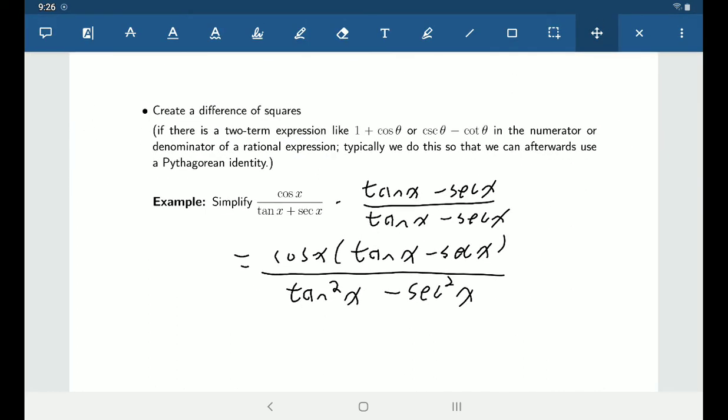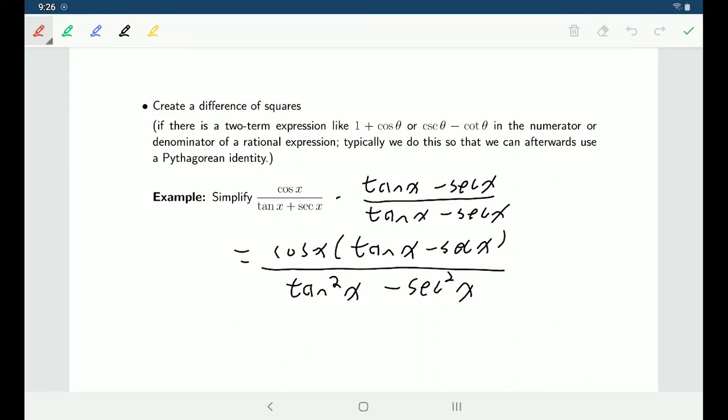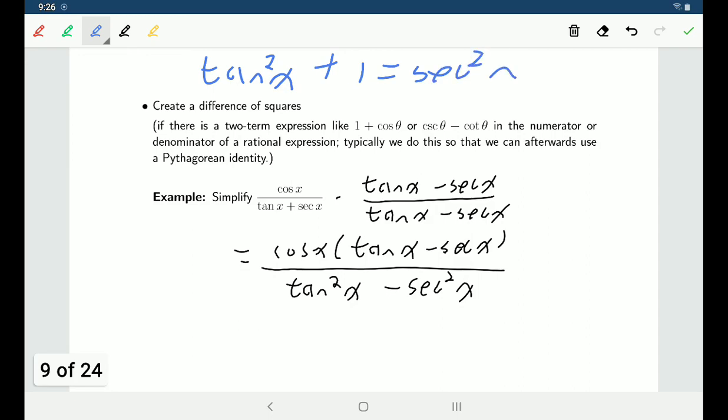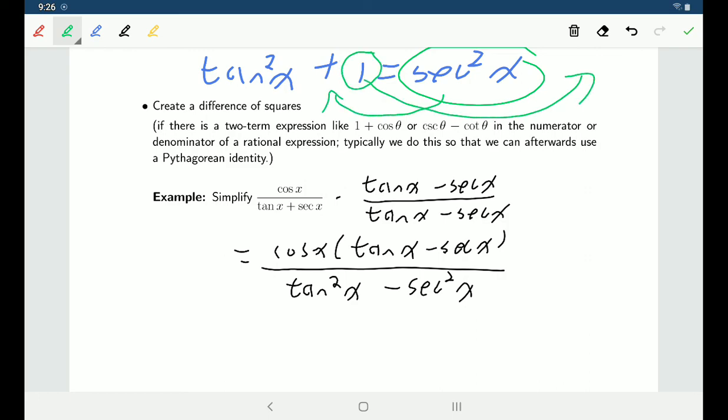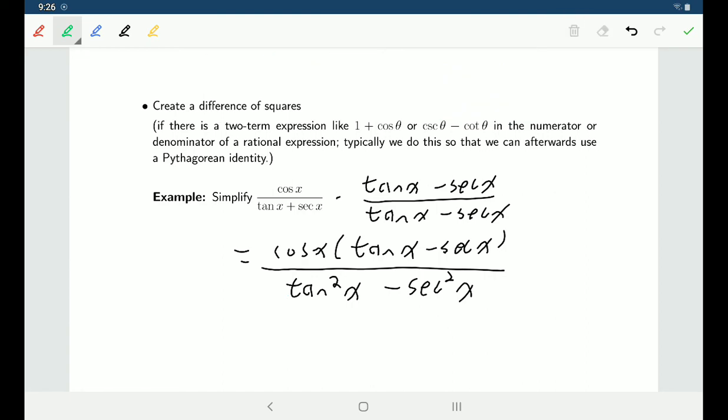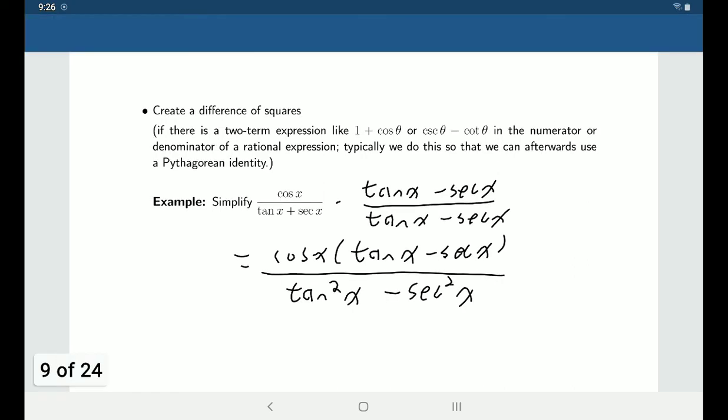And that's kind of a lovely thing, because if we're thinking about that Pythagorean identity that tangent squared plus 1 is equal to secant squared x, if you were to move the secant squared to the other side and then move the 1 to the other side, you would have on the left side tangent squared minus secant squared, which is exactly what we have, and on the right side you'd have negative 1. So in other words, tangent squared minus secant squared is the same thing as negative 1.